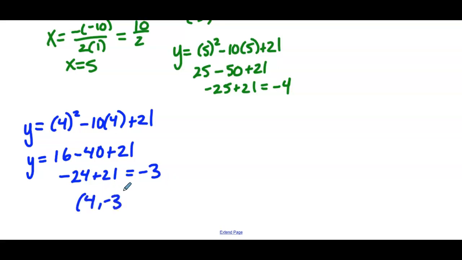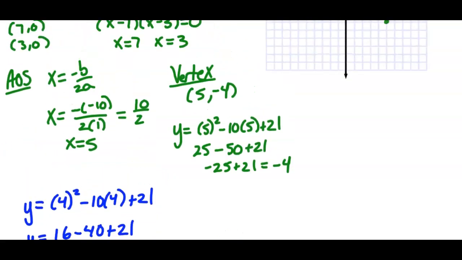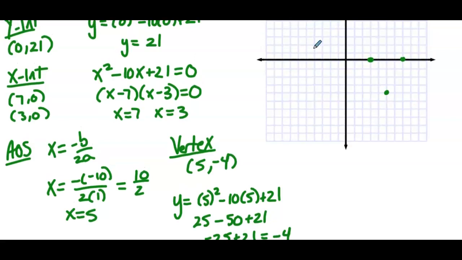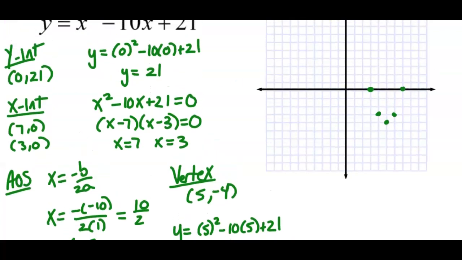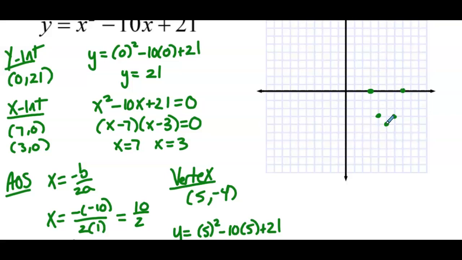So the point 4, negative 3 is also on our parabolic curve. By symmetry, the point 6, negative 3 is also on the curve. Now we have 5 points, and we can draw our curve.